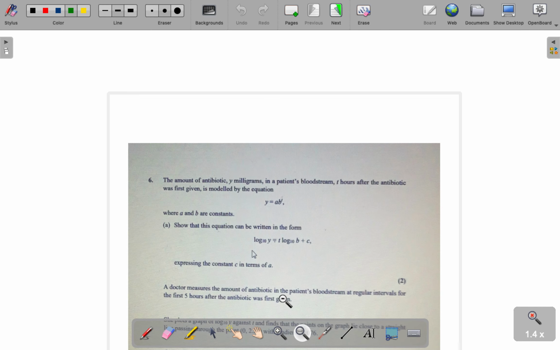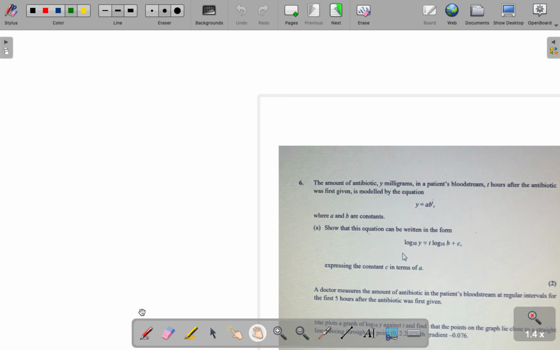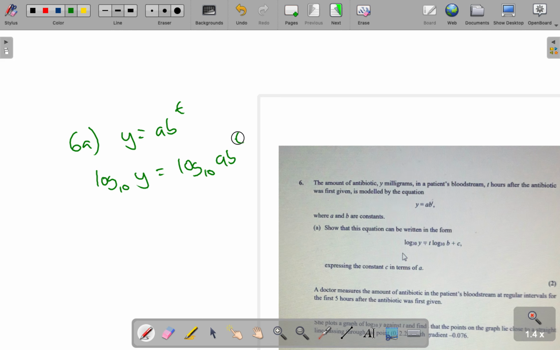So for this one, essentially, you start off with your equation. So 6a, y equals ab to the power of t. Then we take logs of both sides. So we take log base 10 y equals log base 10 of ab to the power of t. Then using your log rule, log base 10 a plus log base 10 b is equal to log base 10 ab.